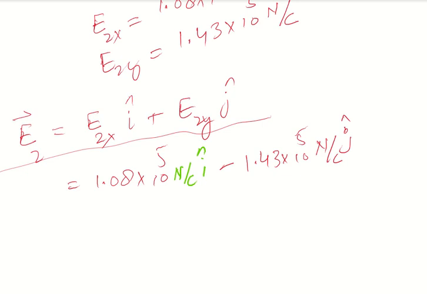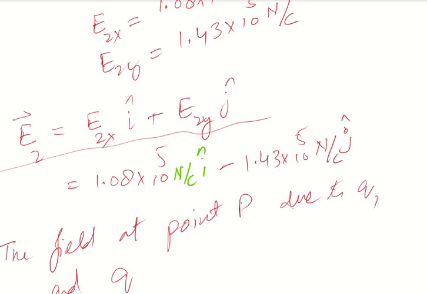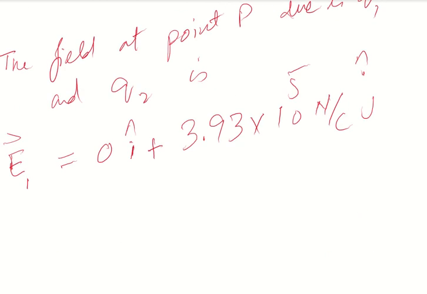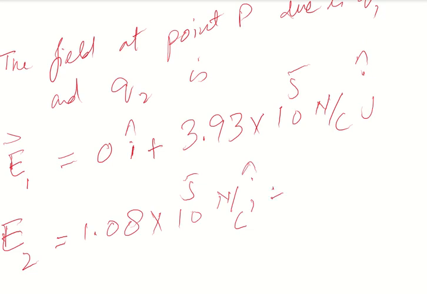So the field at point P due to Q1 and Q2 is: due to Q1 it is E1 that we have written before, that is 0 times i unit vector plus 3.93 into 10 raised to the power 5 Newton per Coulomb in the j direction, and due to E2 we have written just now 1.08 into 10 raised to the power 5 Newton per Coulomb in i direction, minus 1.43 into 10 raised to the power 5 Newton per Coulomb.